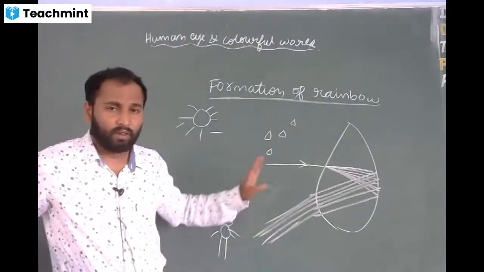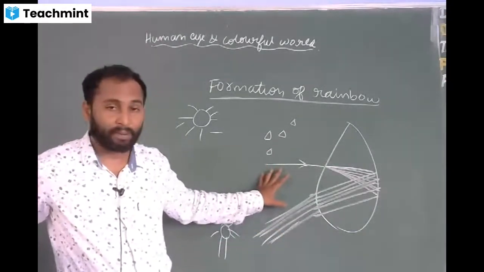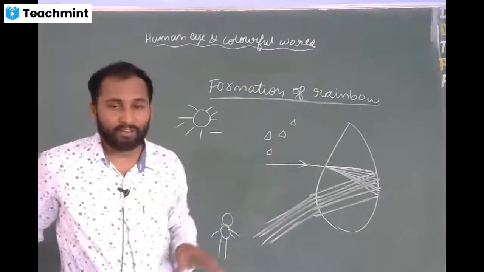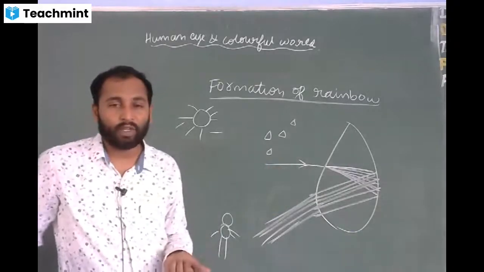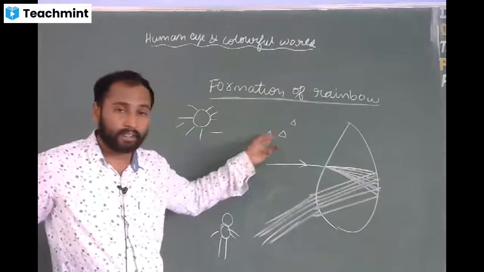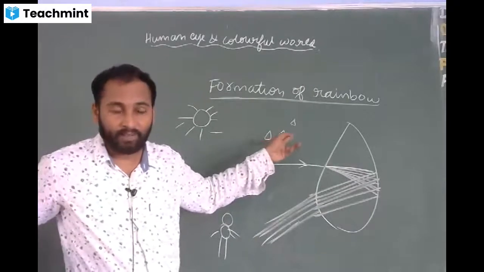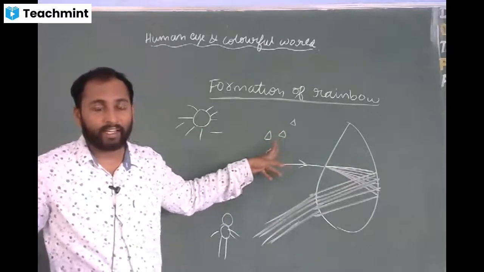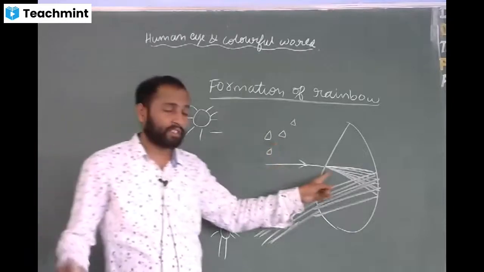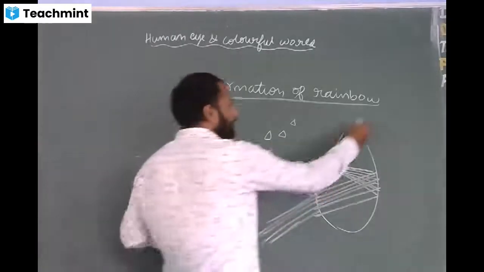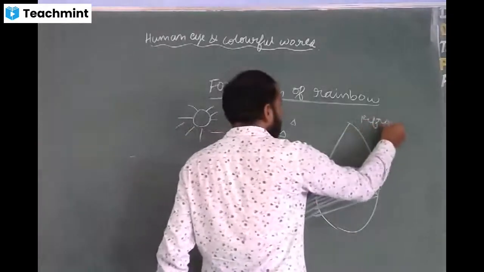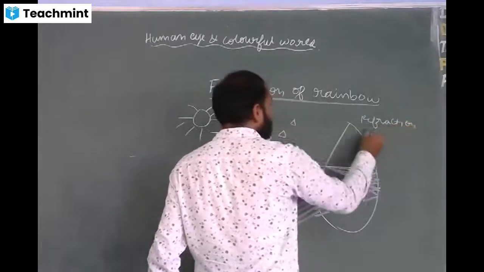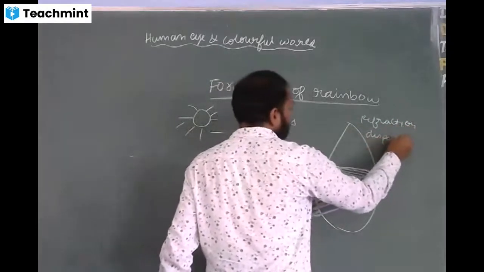The main points to remember: rainbow is a natural phenomenon that occurs after a rain shower. As sunlight enters the tiny water droplets, they act like a prism. First refraction will take place, then dispersion will take place.